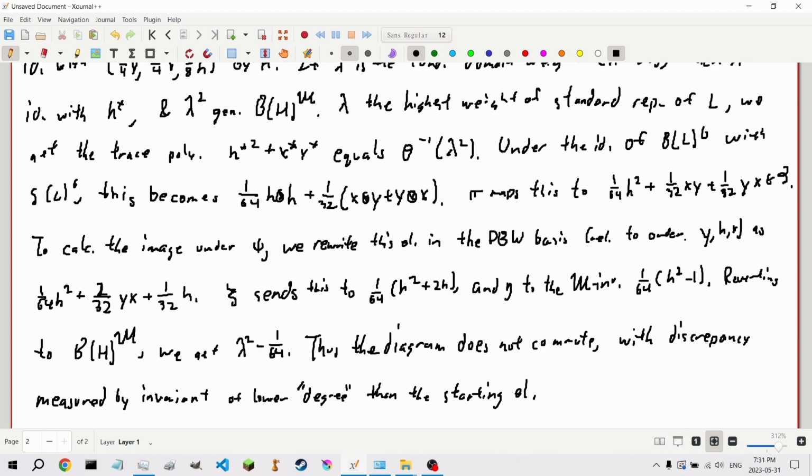So, this suggests how to complete the proof that C is surjective. It actually is a proof for SL2.